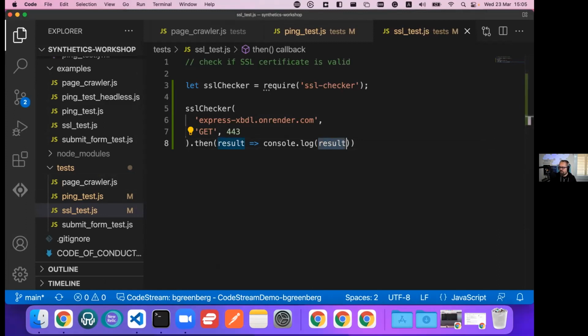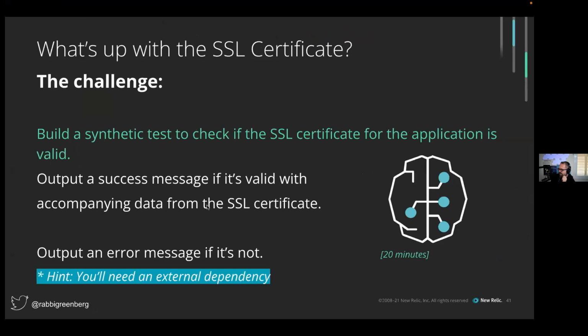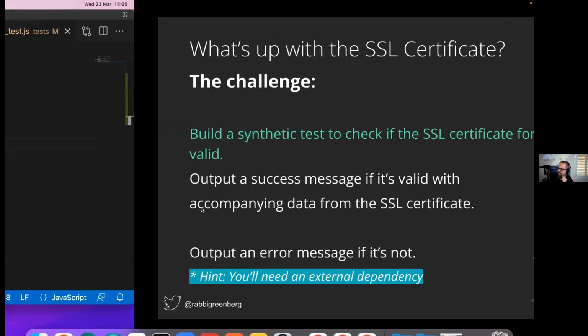How do we change this code to either be catching an error or just putting the results? How are we going to change this, folks, to meet those needs? The needs are, once again, output a success message if it's valid, or output an error message if it's not valid.